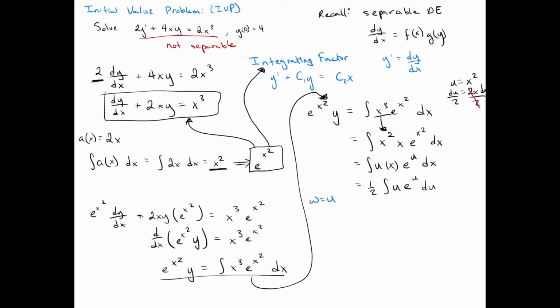I'm thinking of separating these two functions. So w is equal to u. So dw, once we differentiate u, it will be 1. And then our dv will be equal to e to the u power. So once we integrate dv to get v, we get e to the u power.